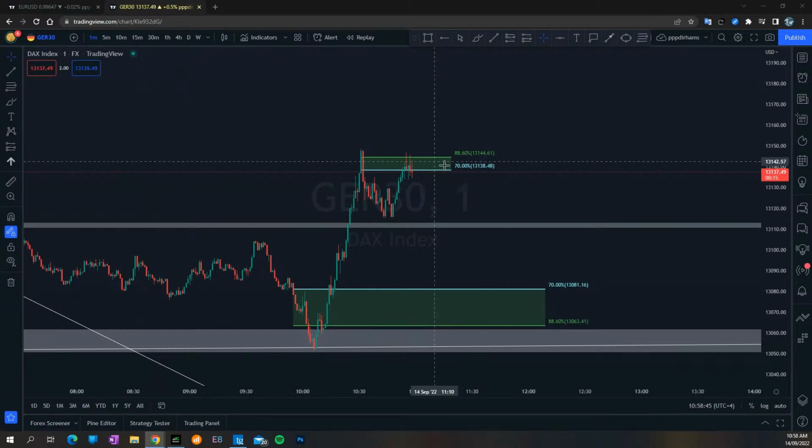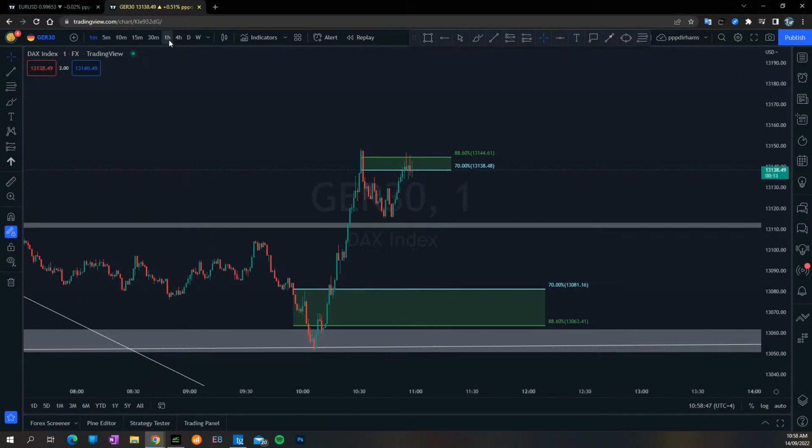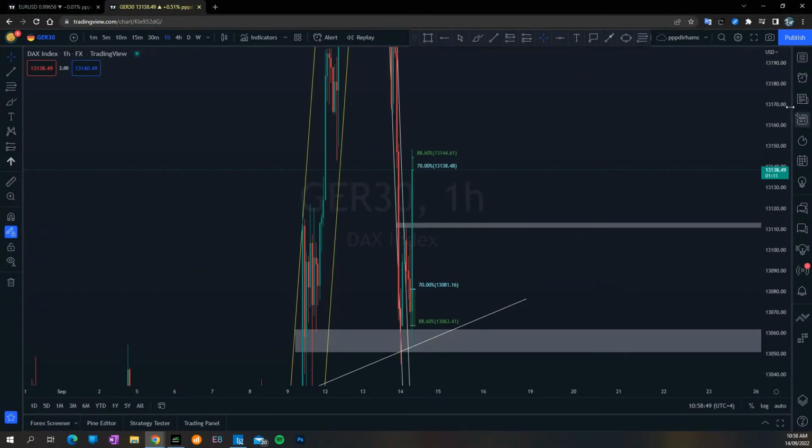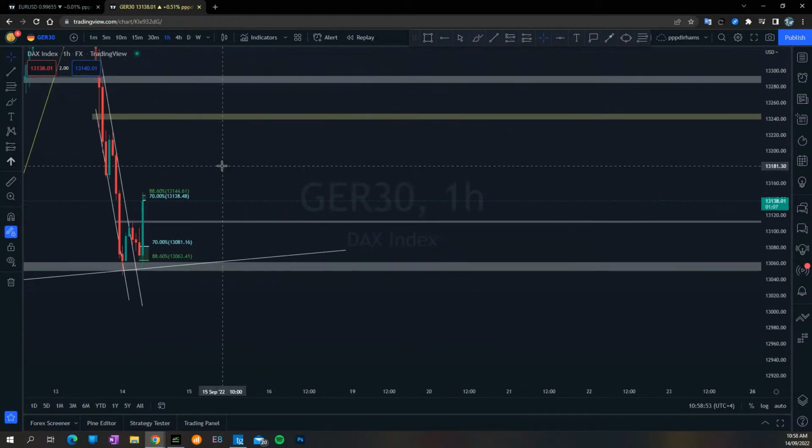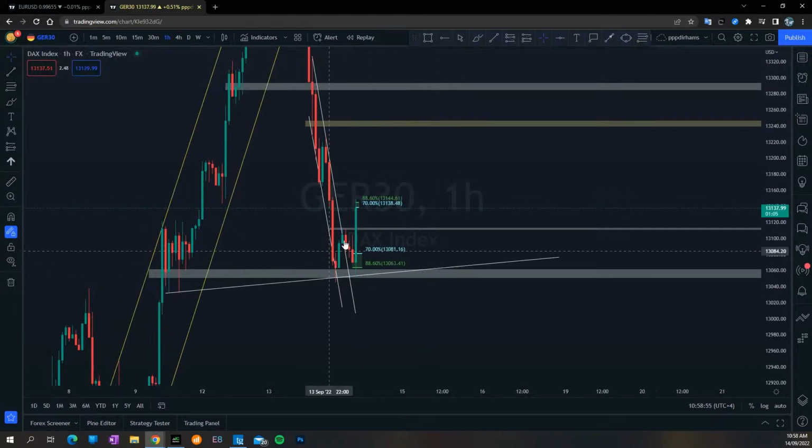The analysis today is self-explanatory, sort of. Looking at the daily time frame, we can see that daily has already broken away from this consolidation as a result of yesterday's move.